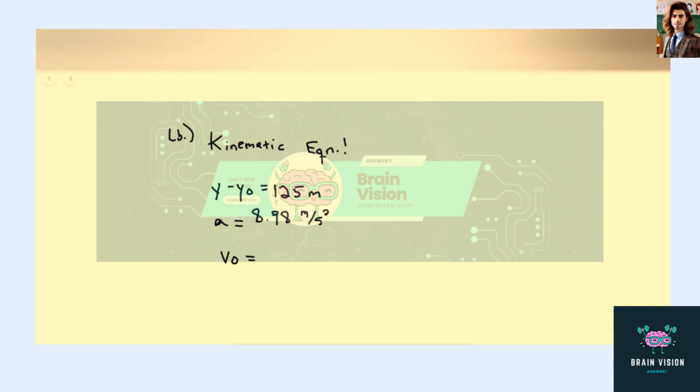We know the initial speed is 0 meters per second. We do not know the final speed, and so we have to use a kinematic equation that does not involve this. Our true unknown that we're trying to find is t. And so the one we're going to use is the one that doesn't involve v. Which is this one here.